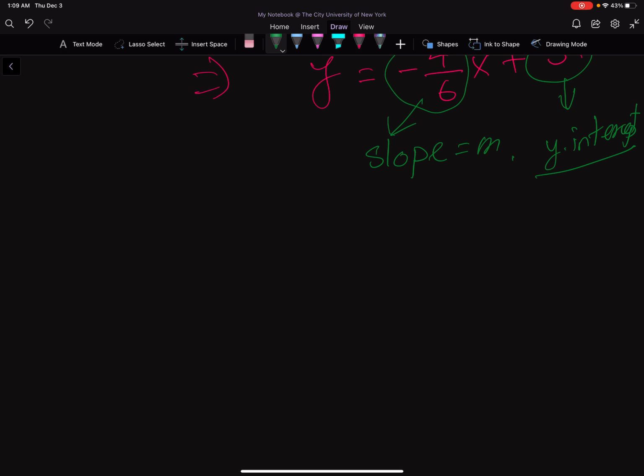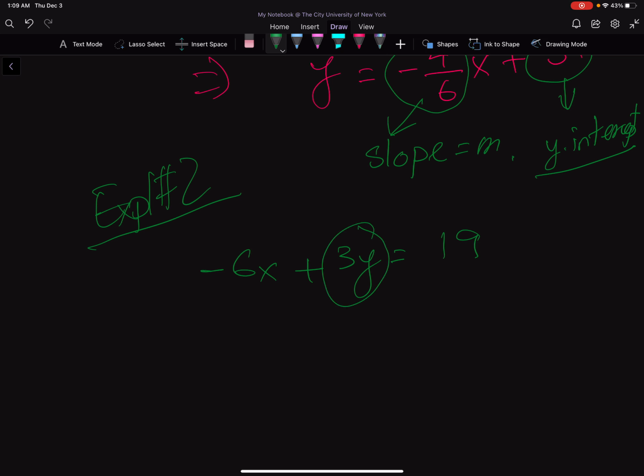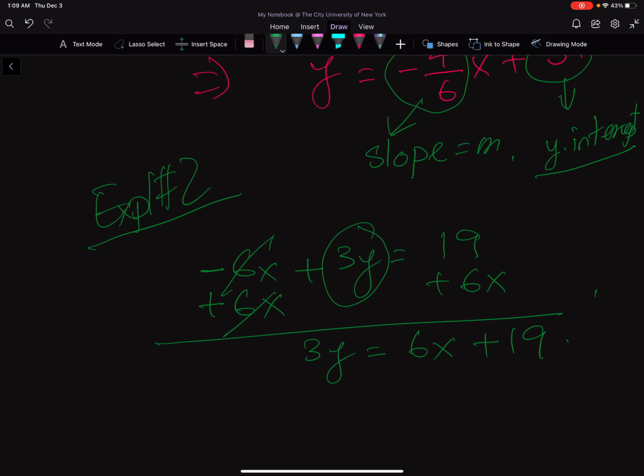Let's say we have an equation like negative 6x plus 3y equals, say, 19. I want y to be here. So this is subtraction, so I use the addition property. I have to treat the right-hand side also, since it's the property of equality. This cancels out, so this remains as 6x and 19.